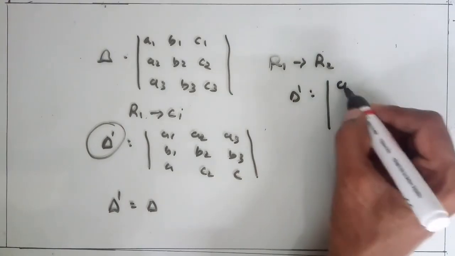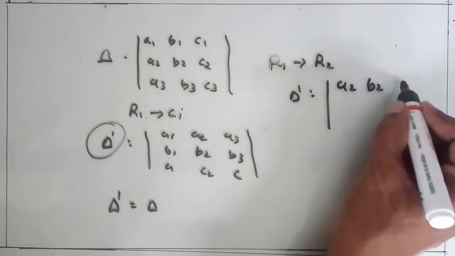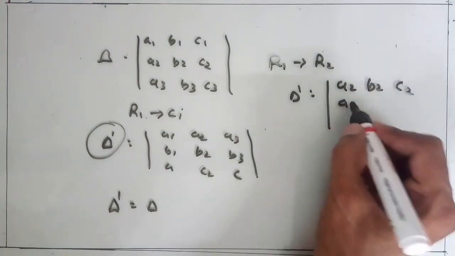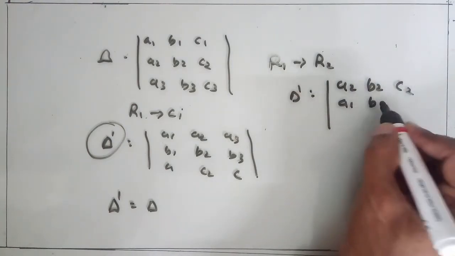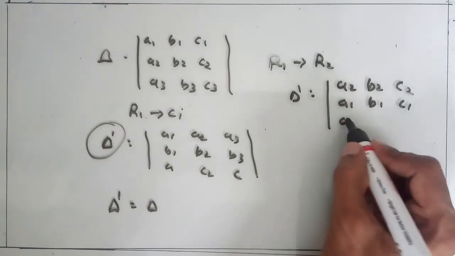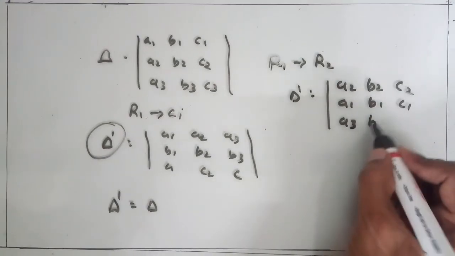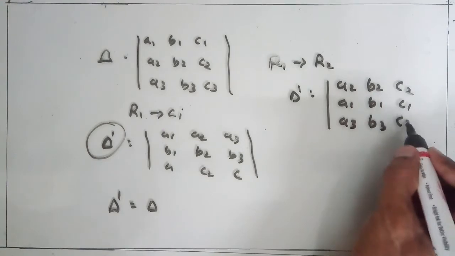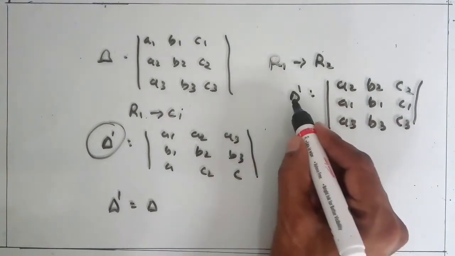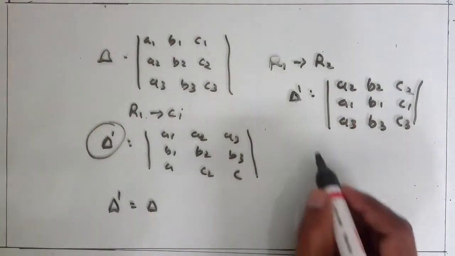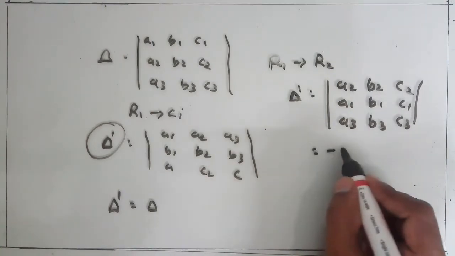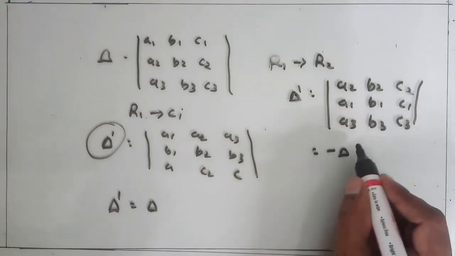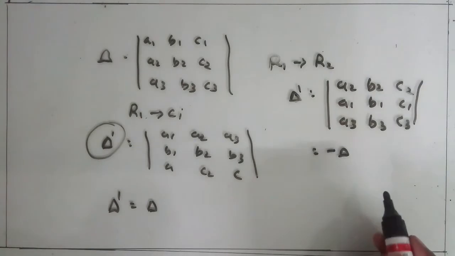So the second row becomes first, A2, B2, C2, the first row becomes second, A1, B1, C1, and the third remains the same, A3, B3, C3. Then the value of this new determinant becomes the additive inverse. That is, the sign of this determinant changes. Clear this?